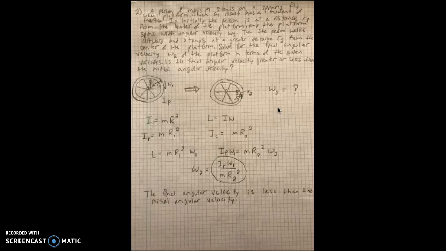Okay, so what we do here is we have the moment of inertia I subscript p. So I have I subscript p equals m times r1 squared, r1 being this distance. And then I also have I2 equals mr2 squared.